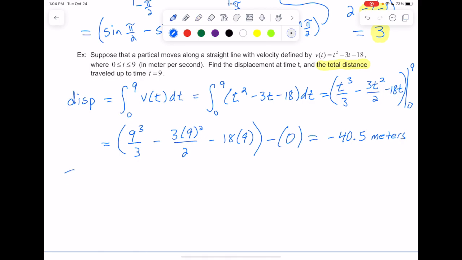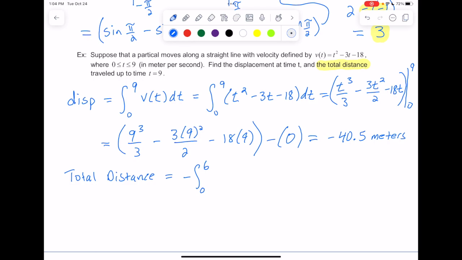So total distance is going to be making sure that all movement is measured as positive. That first part from 0 to 6 is going to come out negative because velocity is negative there. So we'll put a negative in front of that, and that will switch that to positive.